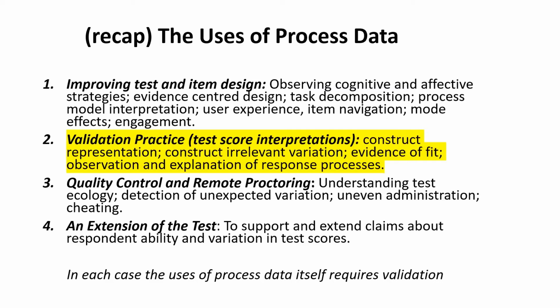And yesterday we discussed the possibility that there are some off-label uses, but this list of 4 at the moment describes what I would regard largely as the valid uses of process data. That's not to say that off-label uses are not valid, but I think they're in a different realm. We have to consider them in a slightly different way, which we discussed yesterday in the lecture. So today I'm going to focus on validation practice, the area highlighted there in yellow, and particularly test score interpretations.